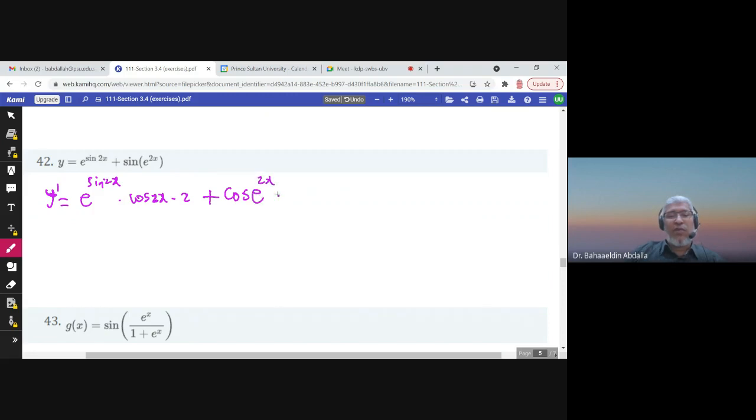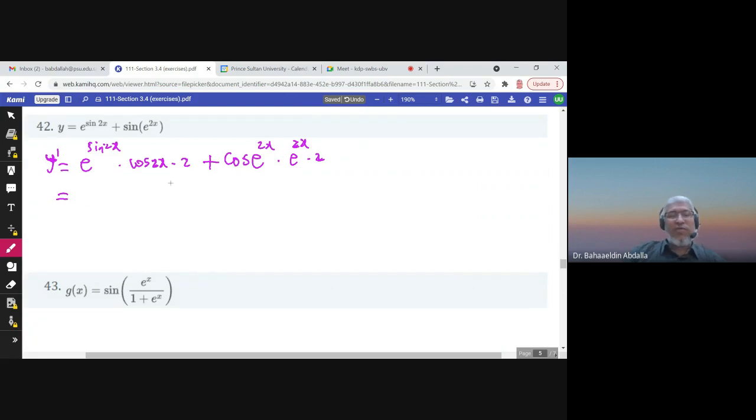Then the derivative of e to the power 2x times the derivative of 2x, which is 2. So I have 2 e^x sine 2x cosine 2x plus 2 e^(2x) cosine e^(2x).